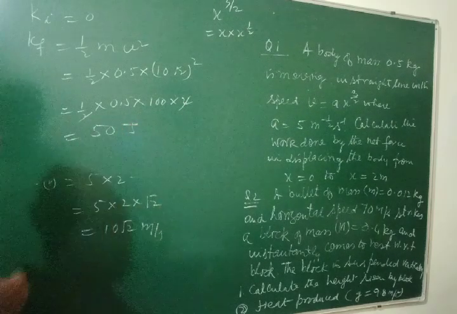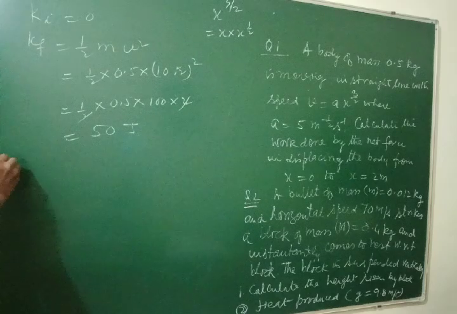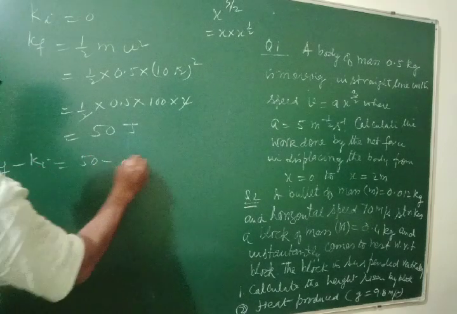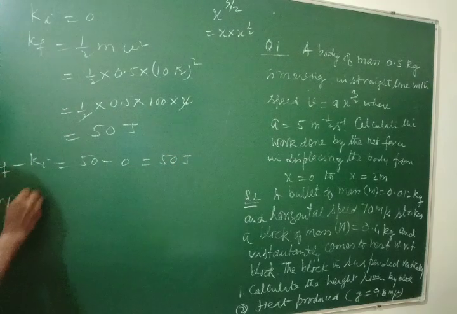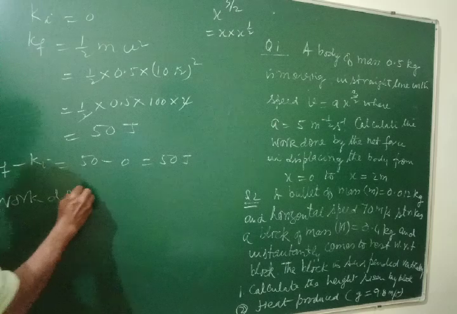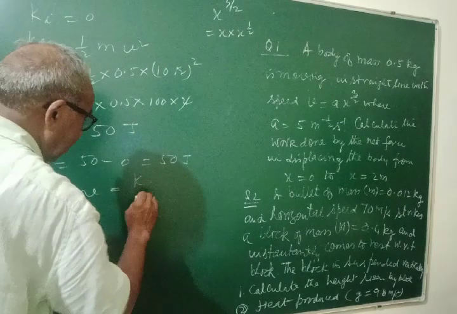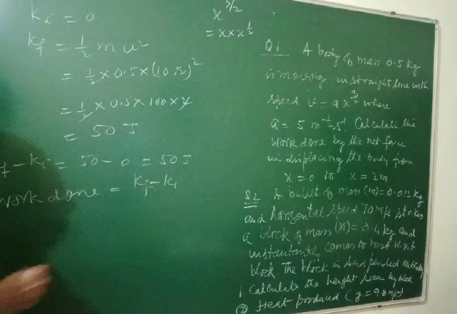So how much is the change in energy? Kf minus Ki, 50 minus 0. Hence work done is equal to Kf minus Ki, final energy minus initial energy, equal to 50 joule.